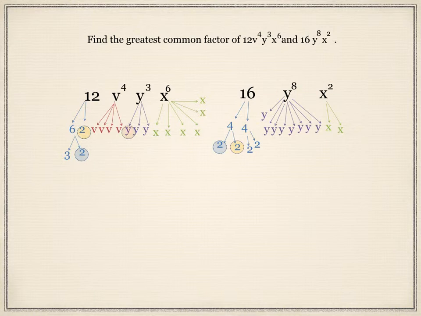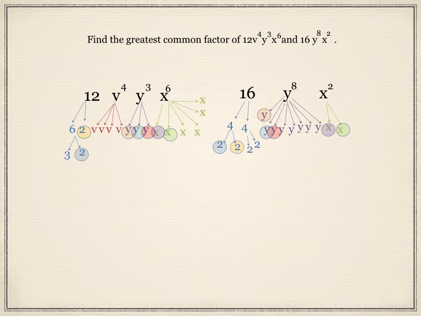And then variables, I don't have any v's on my 16y to the 8th, x squared, so I'm not going to include any v's, but I do have y's in common. So I have 3 y's that are in common. And then I have 2 x's that are in common.